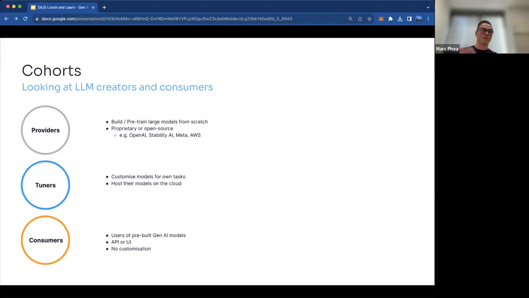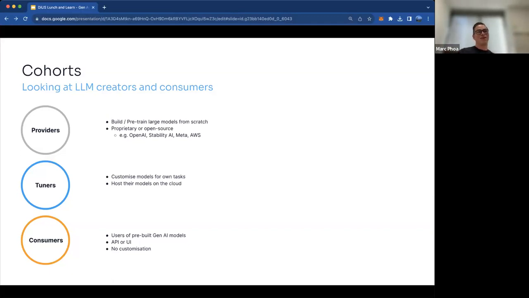I was hoping to see that from the poll, but we expect most organizations we work with to be either consumers or tuners of models. And we suspect most people on this call will also fit under that category. The last group is the top group there, providers.